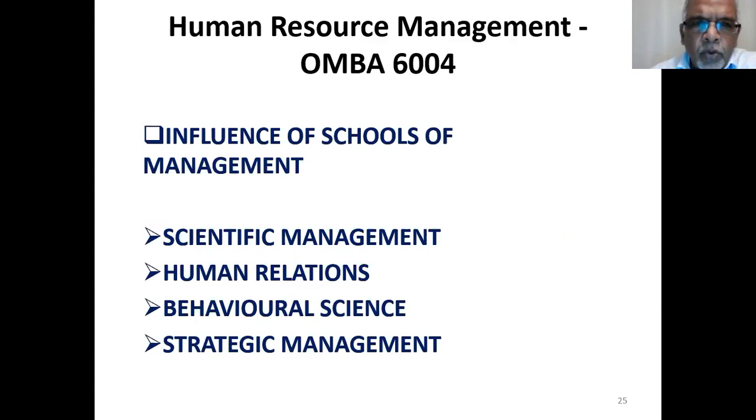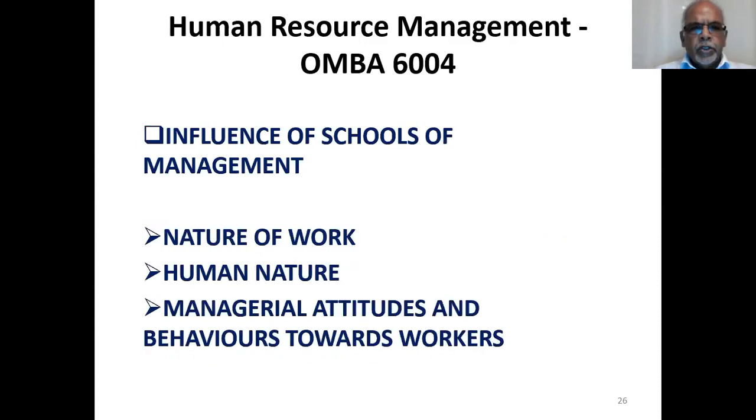There are four schools of management, namely the scientific management school, the human relations school, the behavioral science school, and the strategic management school. Now, these schools of management significantly influenced the management of workers and employees in organizations.